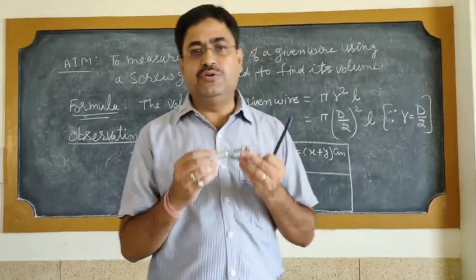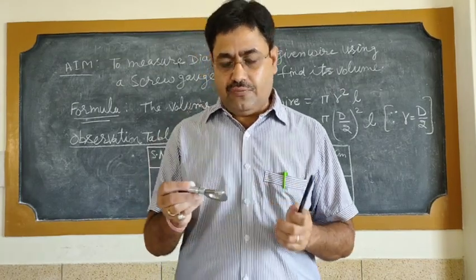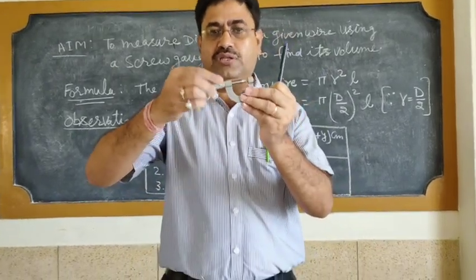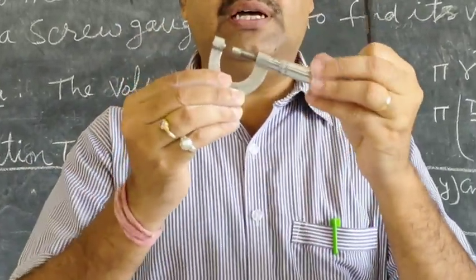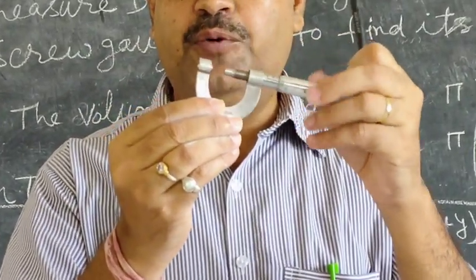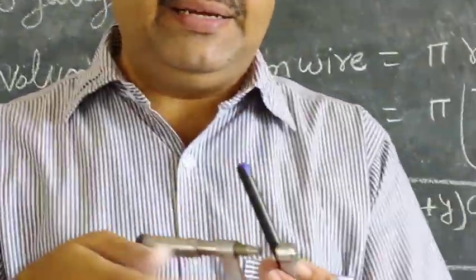So I am using a screw gauge with zero error. First of all I open both the studs. You see I open both the studs. Now I put this pen in between the studs and tighten it.